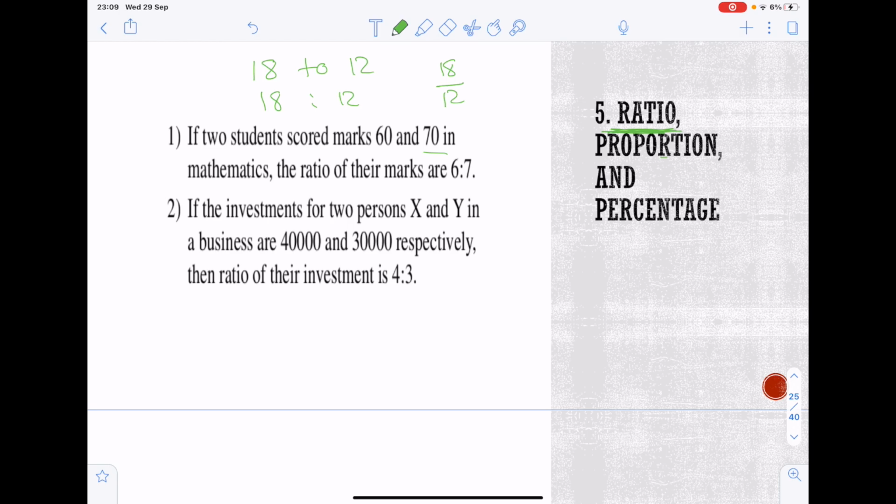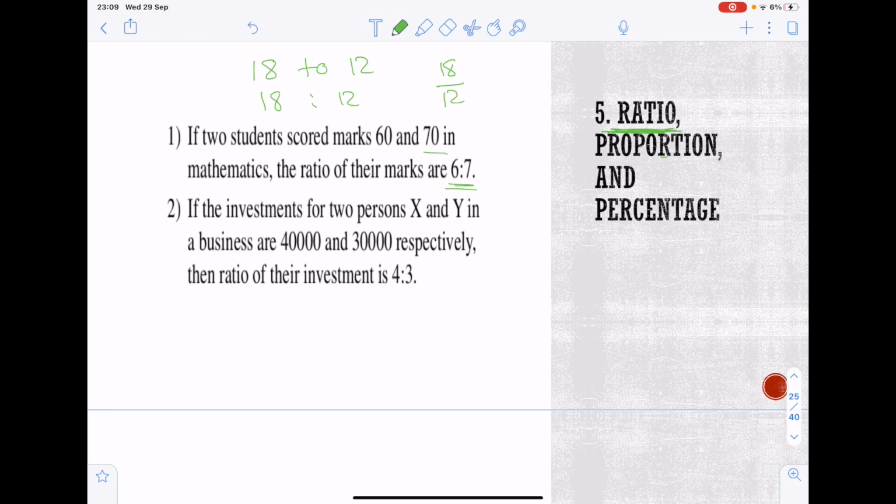Okay. For example, here I have, if 2 students scored marks 60 and 70 in mathematics, the ratio of their marks would be 6 to 7. So I usually write the numbers after I simplify them to the simplest form.